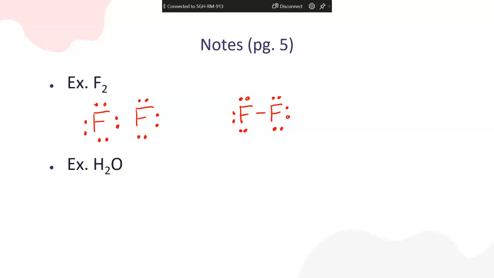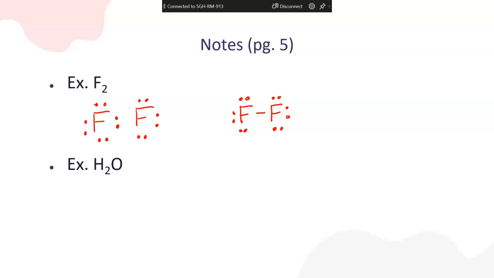The octet rule is modeled in both the Lewis dot diagram and the structural formula. You can't just leave off the electrons in one or the other. All the electrons must be present and represented correctly.